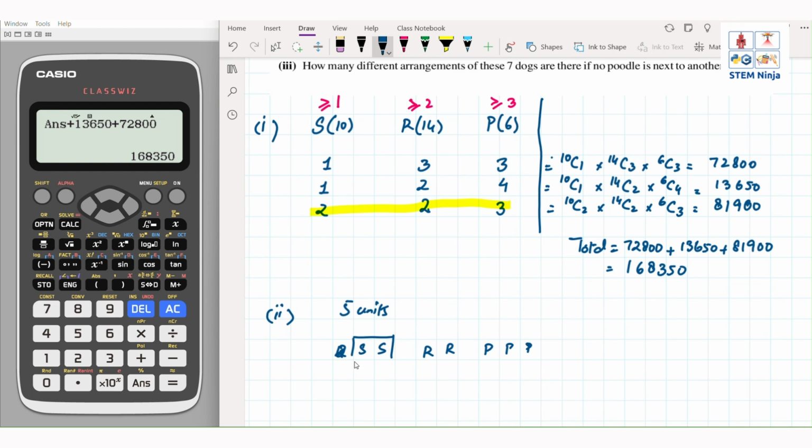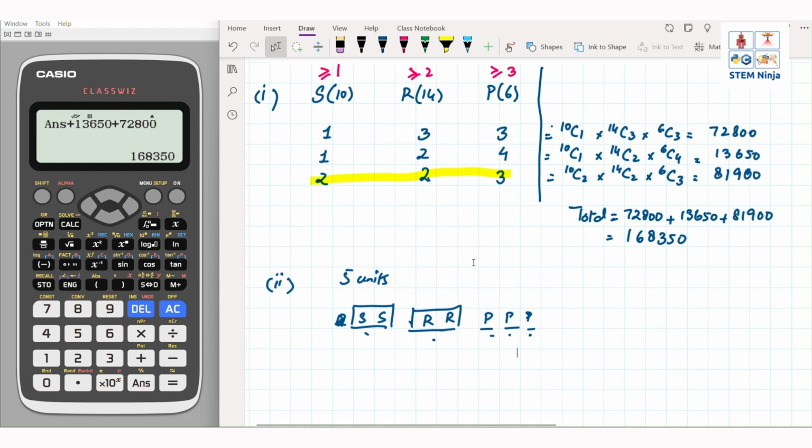So these are 1 unit, but these are free. They can be anywhere. So we have 1, 2, 3, 4, 5 units. And since these are obviously dogs, they are not identical. So we will have 5 units, that means 5 factorial, times 2 factorial for spaniels and 2 factorial for retrievers. So 2 times 2 times 6, 3 factorial is 6. So that is just simply 24.